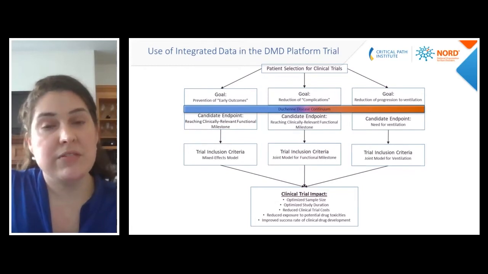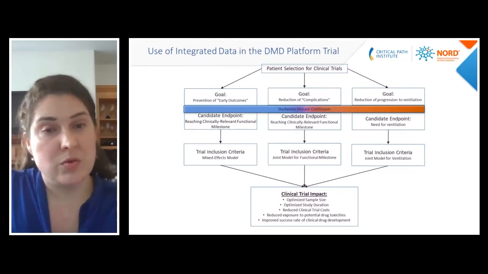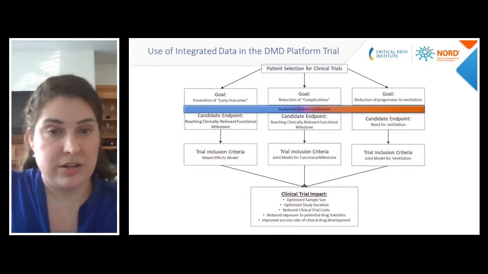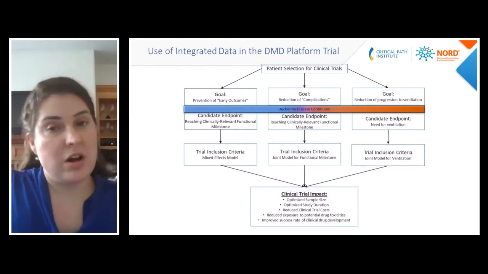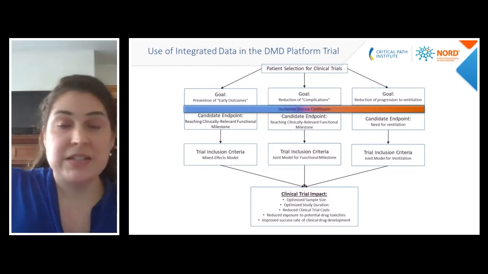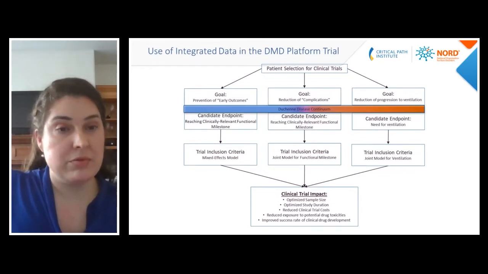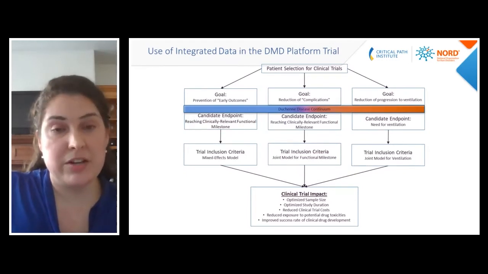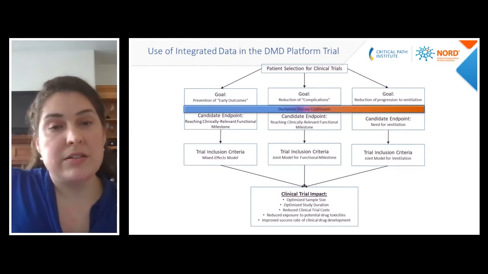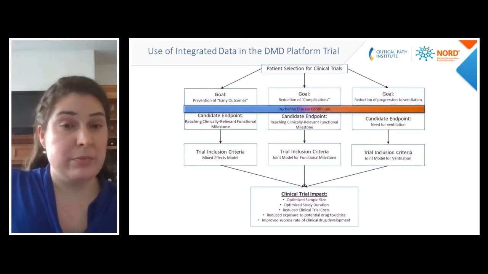And this is an example of how a clinical trial simulation tool could be used in a platform trial in Duchenne. There would be different goals, for example, to look at either early outcomes or potential complications. There could be specific goals that are looking at, for example, progression to ventilation. This would be a later stage change after ambulation is lost. And you would be able to use that clinical trial tool to evaluate different candidate endpoints to be able to see which ones are better suited for the particular goal in mind.